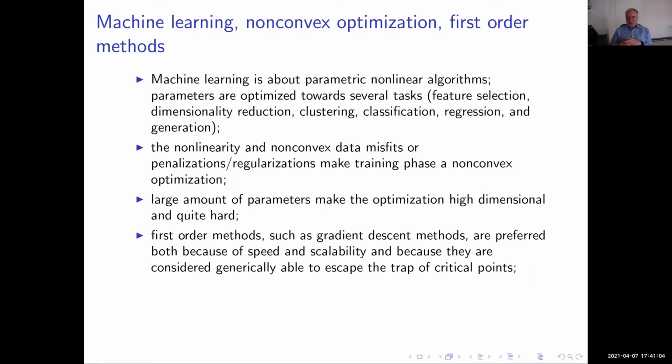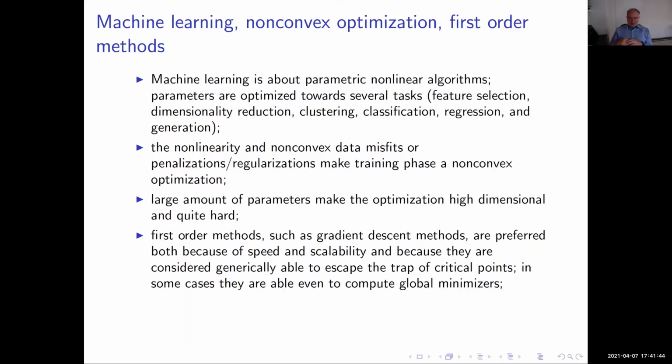Due to the high dimensionality, first-order methods, such as gradient descent methods, are used very much in practice because of speed and scalability of the algorithms, but also because they are generically able to escape the trap of critical points. In other words, if you generate the initial conditions of this algorithm at random, the probability that you get stuck on a certain kind of critical point like saddle points is very small, or virtually zero.